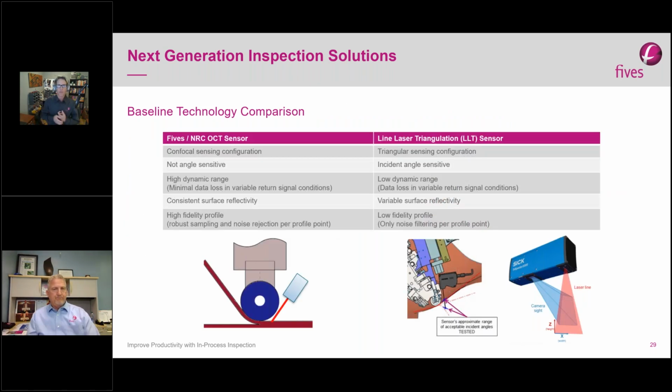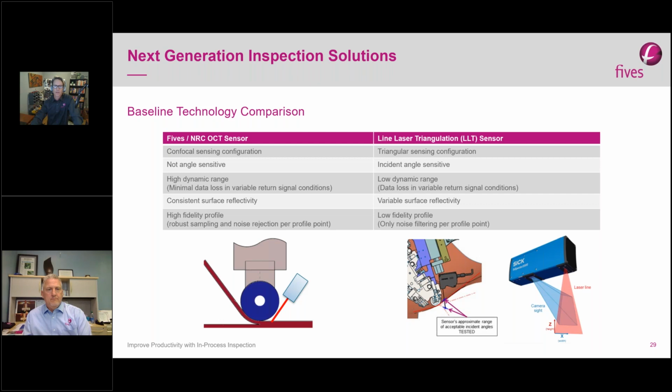So here's a table showing a side-by-side comparison of the Thieves NRC OCT solution to line laser triangulation. The first two items are the sensing configuration and the incident angle sensitivity. As I outlined earlier, and the schematic on the left shows, OCT has a confocal sensing geometry configured to scan at 20 degrees.